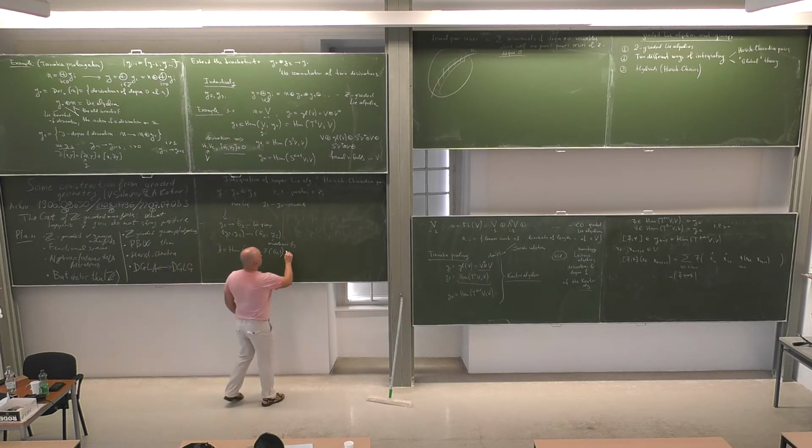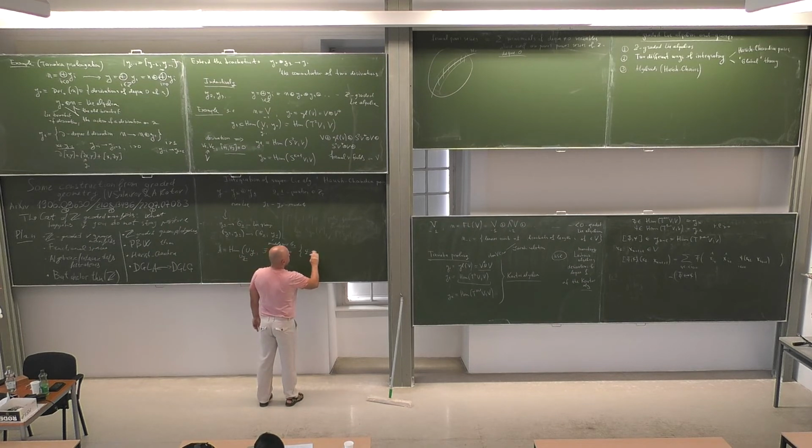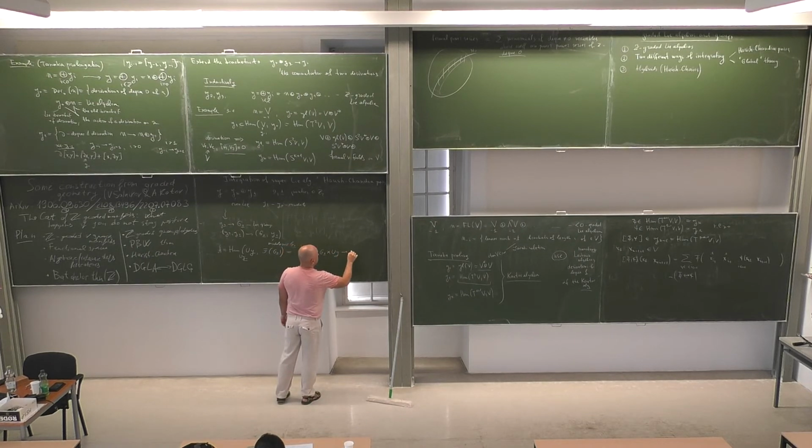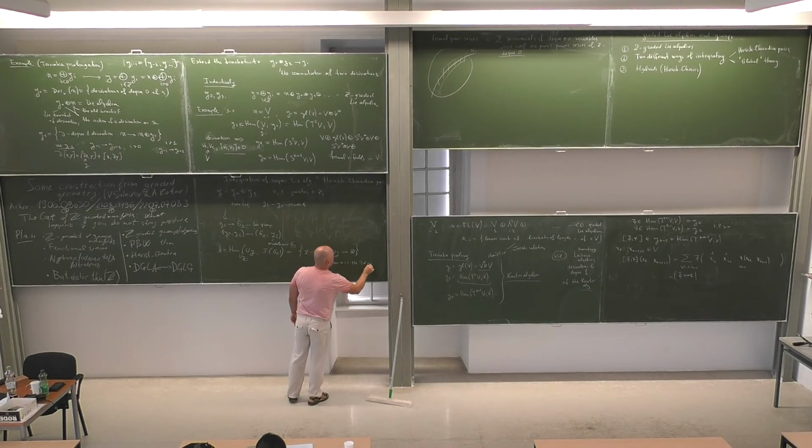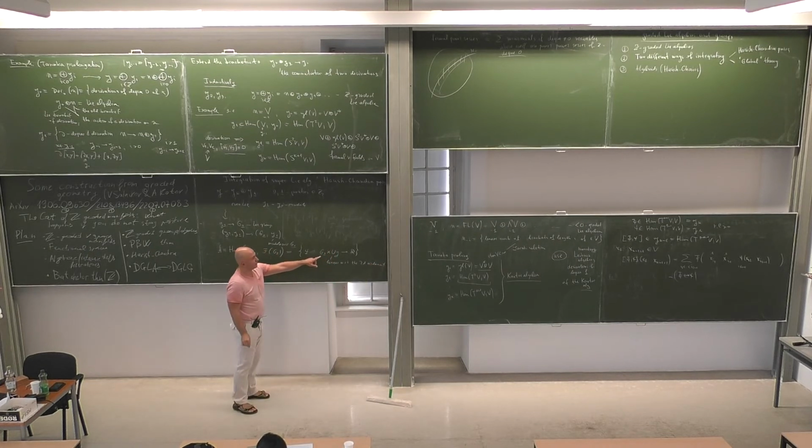And this can be reformulated as maps from G_0 underlined cross UG to, say, R, such that they are linear with respect to the second argument, and also satisfy the following condition.